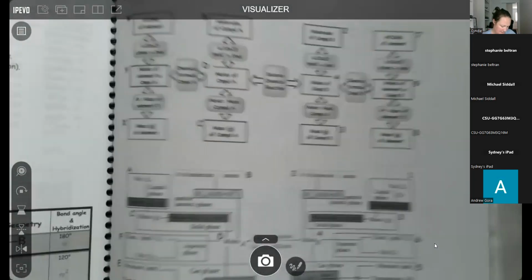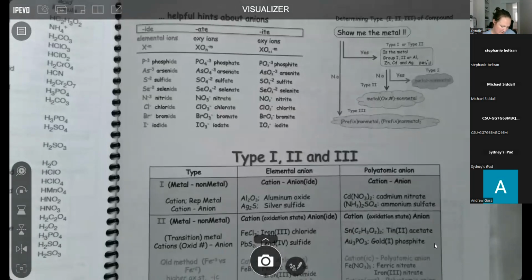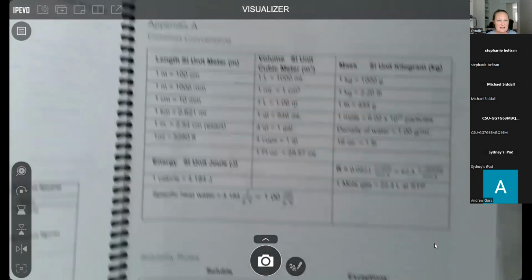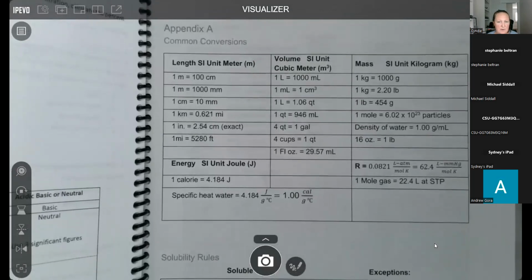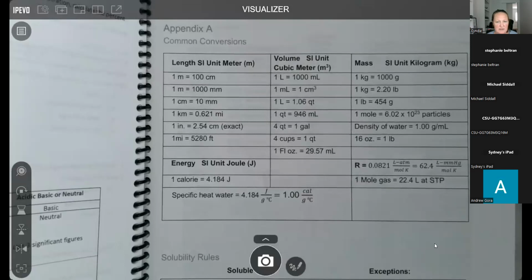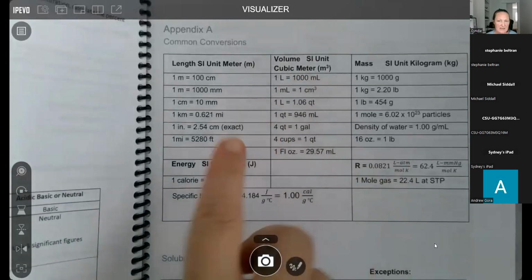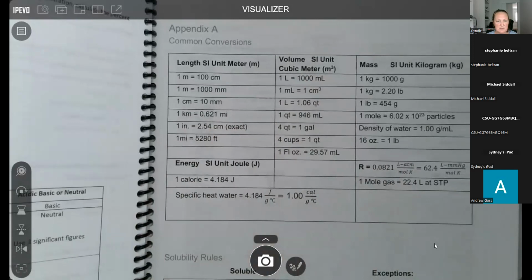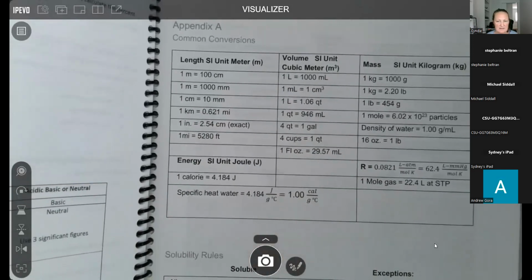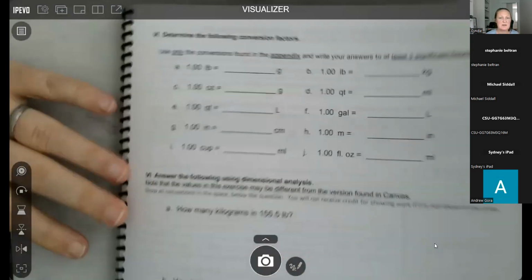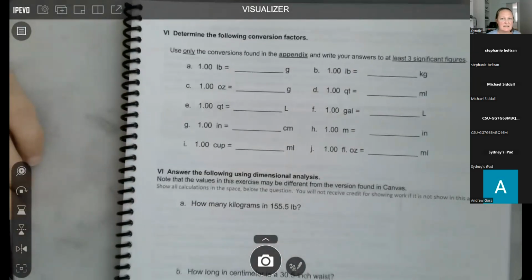Let's see. What it's talking about is to use this Appendix A. And there's a few that are missing, right? But if you watch my pre-lab lecture video, I put in a couple of extra to be able to do everything in that section. So that's where I'm giving you those helpful hints.